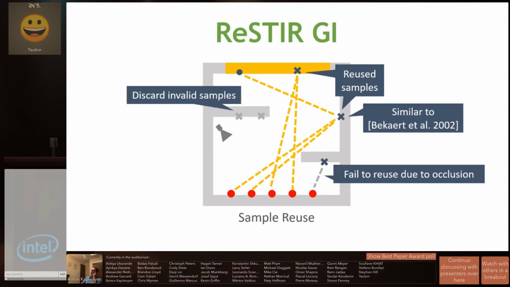That means we only need to store the information of the second path vertex, like position and normal. The fourth vertex now finds a sample on the light source, just like the original ReSTIR. And the last vertex still cannot find any sample because of occlusion. This is the ReSTIR GI algorithm.